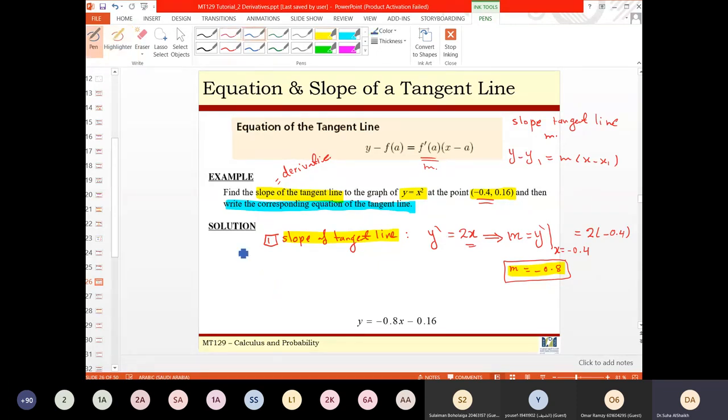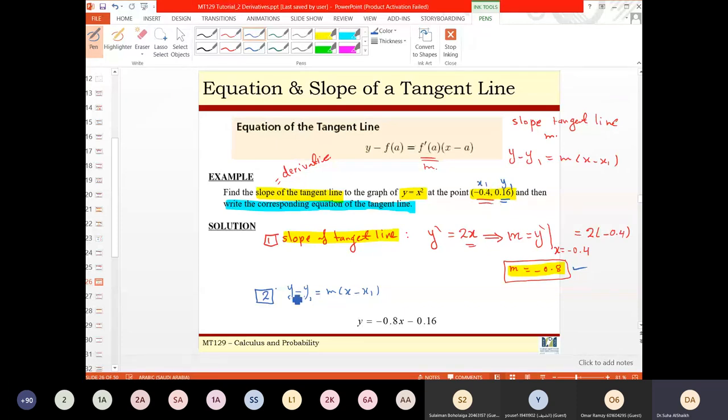Step number 2, they want me to write the correspondence equation of the tangent line. Equation of the tangent line or equation of a line, it's y minus y1 equal للسلوب times x minus x1. الm موجودة عندي. What's y1? It's this point. What's x1? It's this.